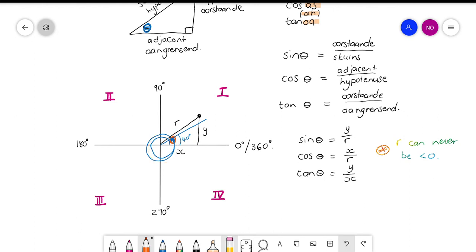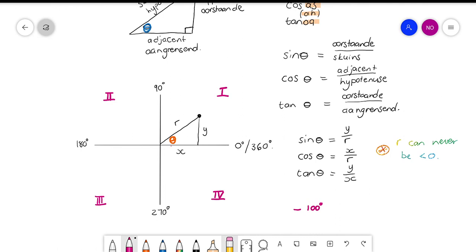Okay. Kom ons praat gou oor 'n negatiewe ene. In which quadrant will negative 100 degrees be? Close. Hoekom in 3?